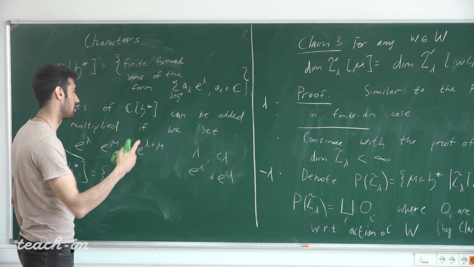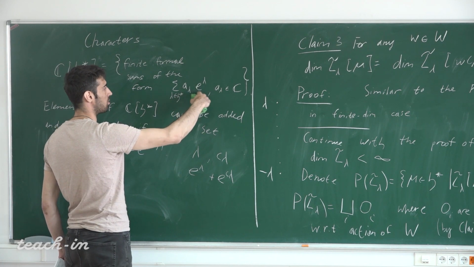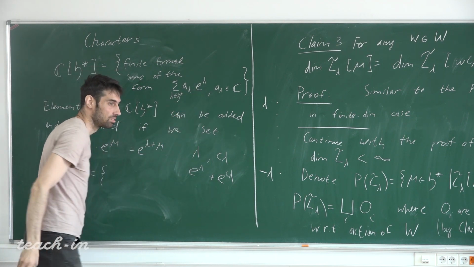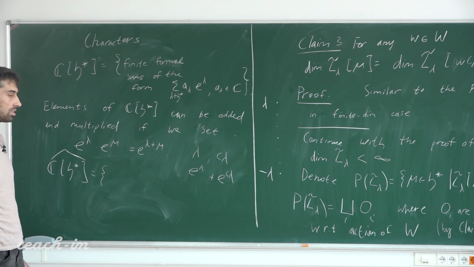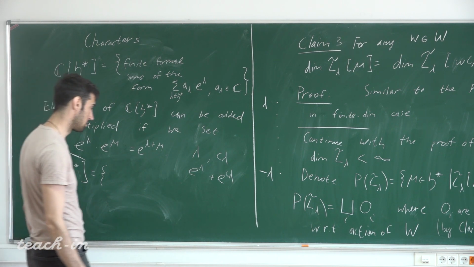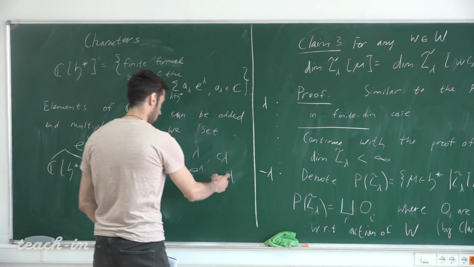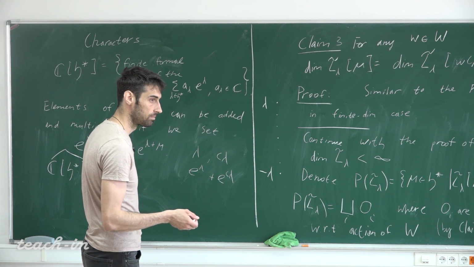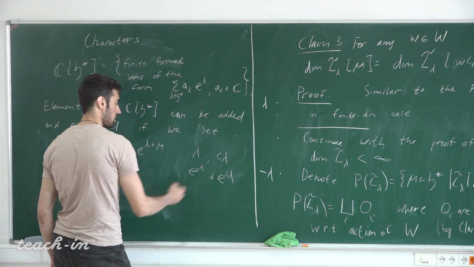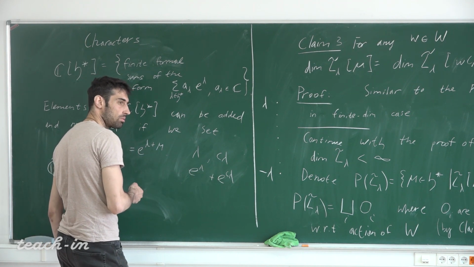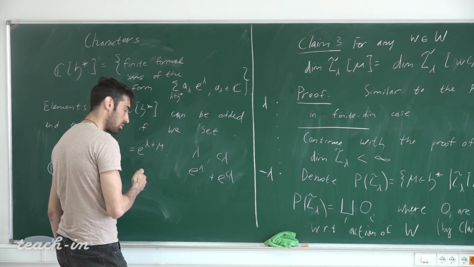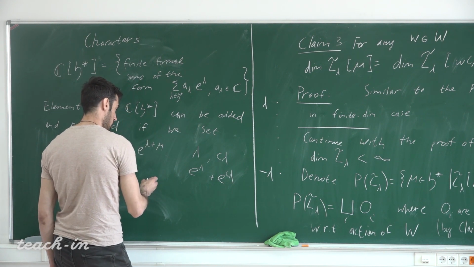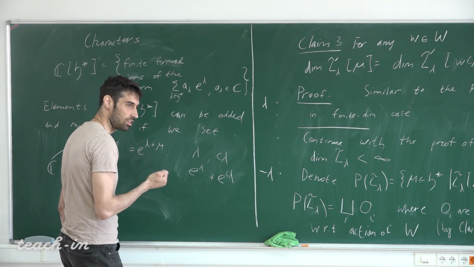So it's a huge number of these e to the lambdas. Is it true that e to the power of lambda to the power of c equals e to the power of c lambda? Yes, if c is an integer, a natural number, and actually if it's rational as well. For some complex c, it's not clear what to take. Because in the algebra, you can multiply, that's the only thing you can do.